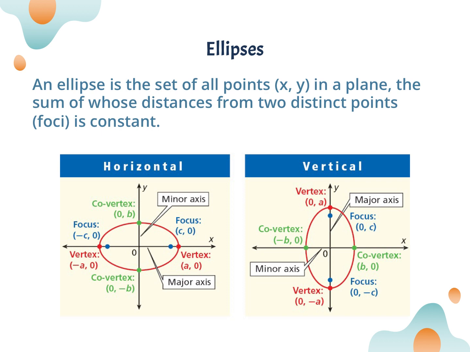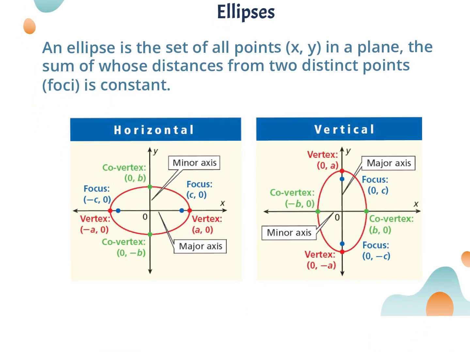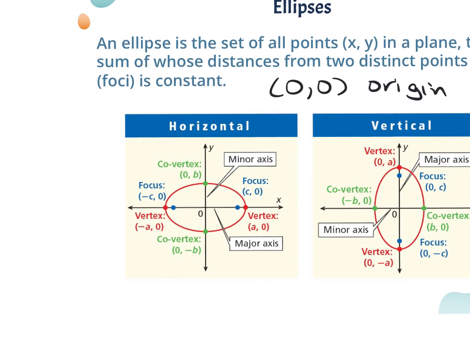These are both pictures where the center is at the origin, 0, 0. The plural of focus is foci, and each one of these has two foci, or two focus points.